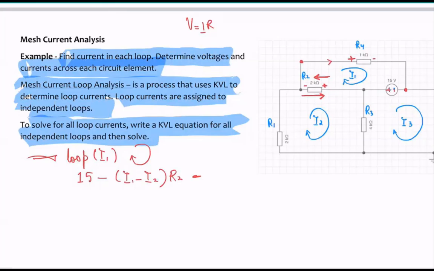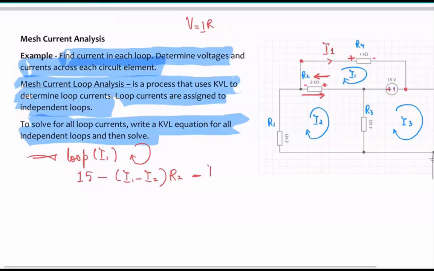What is this current that's flowing here? Yes, folks. Anybody want to guess? That's okay to be wrong. Across R4, what is the current that's flowing? So across R4, the current that's flowing is I1. Okay, that's the only current that's flowing through. So I will have I1 over here, and this is basically 1K.